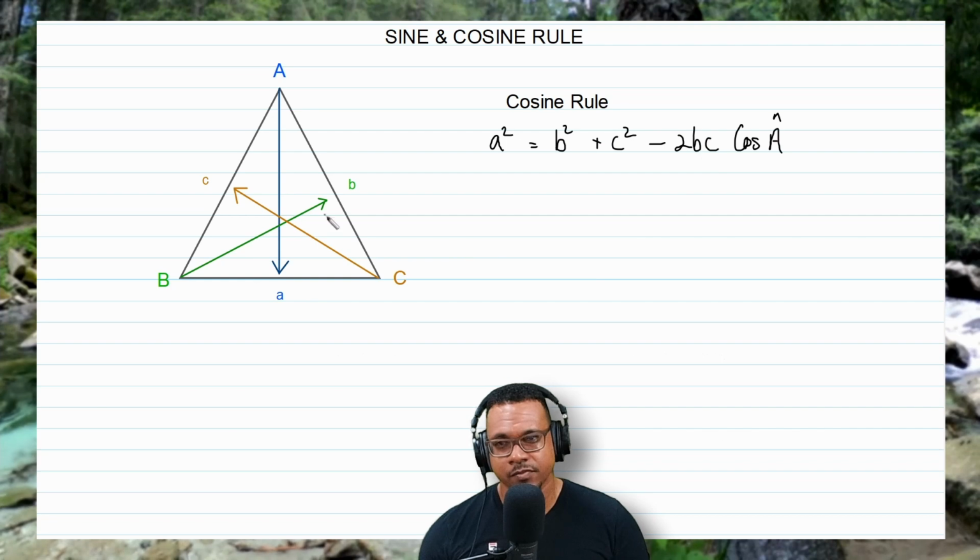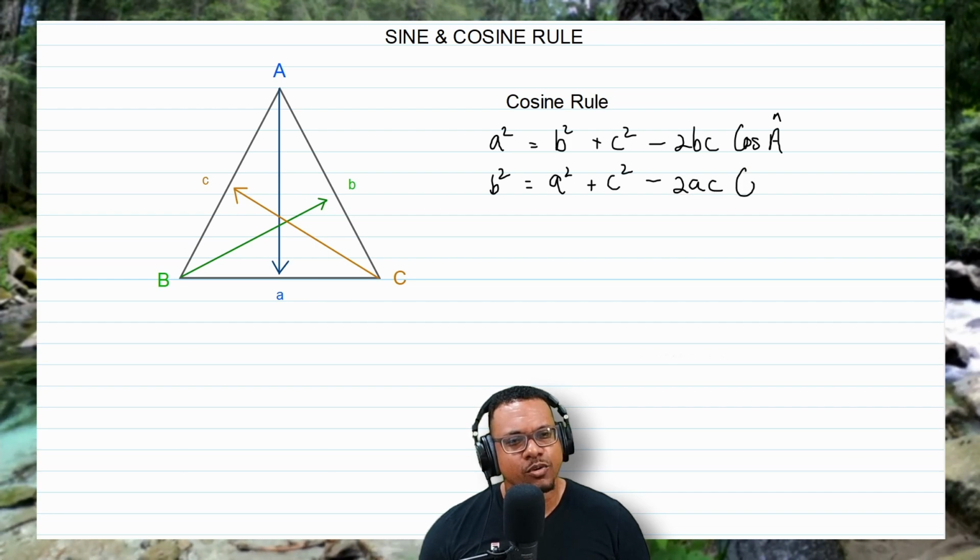So that means if you started with common b, let's say b squared is equal to, the other two sides would be a and c. So you would have a squared plus c squared, take away 2ac cosine, and since you start with b, you will end with capital B. So you have cosine of angle B here.